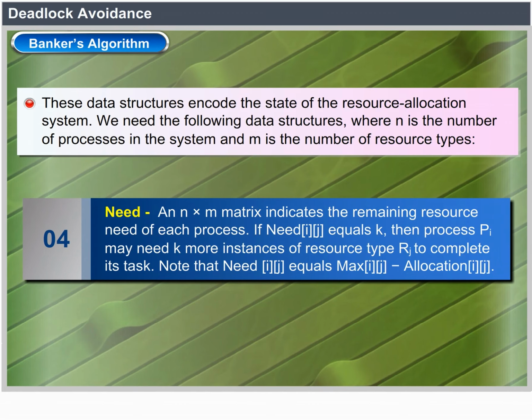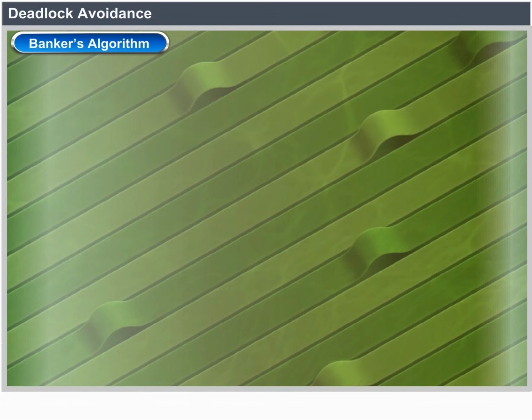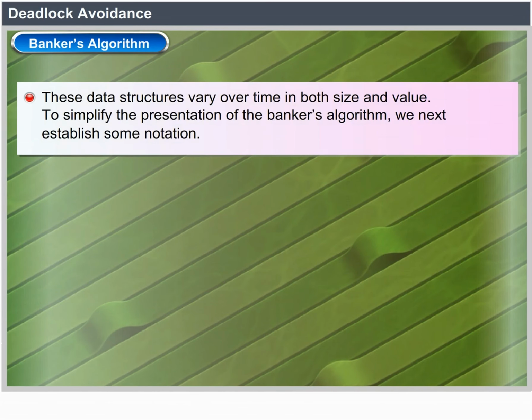If Need[i][j] equals k, then process Pi may need k more instances of resource type Rj to complete its task. Note that Need[i][j] equals Max[i][j] minus Allocation[i][j]. These data structures vary over time in both size and value.